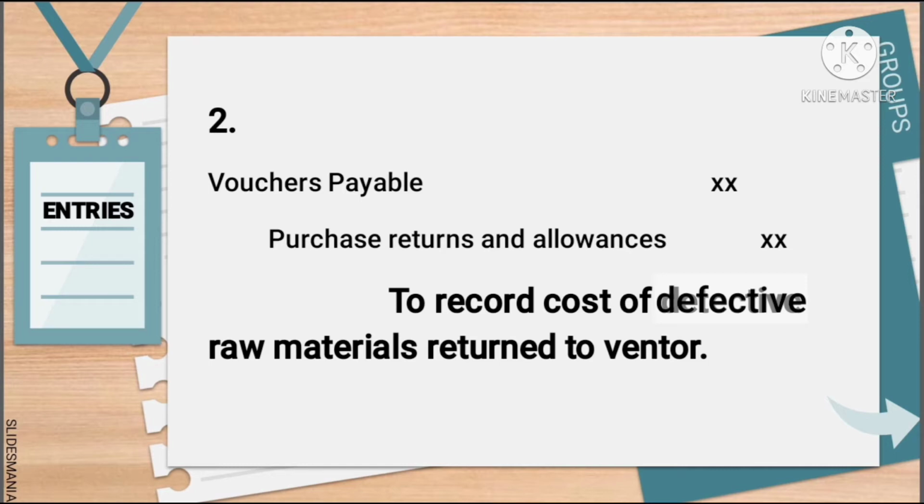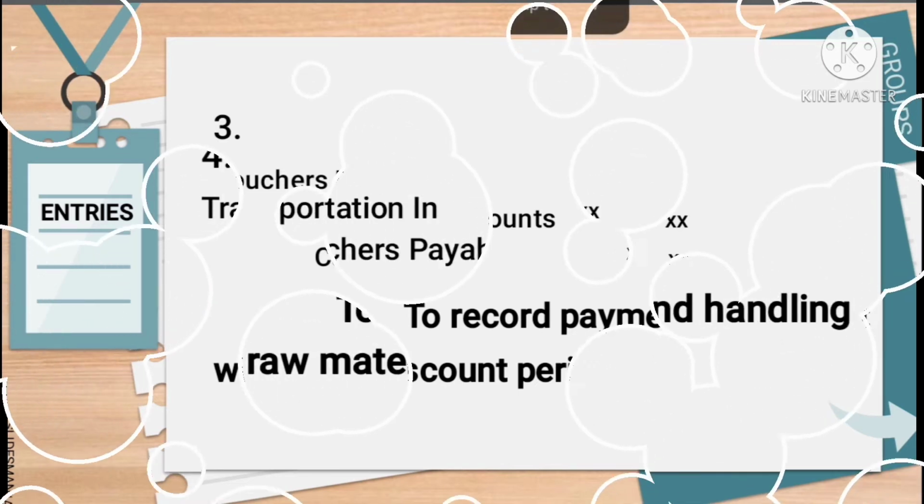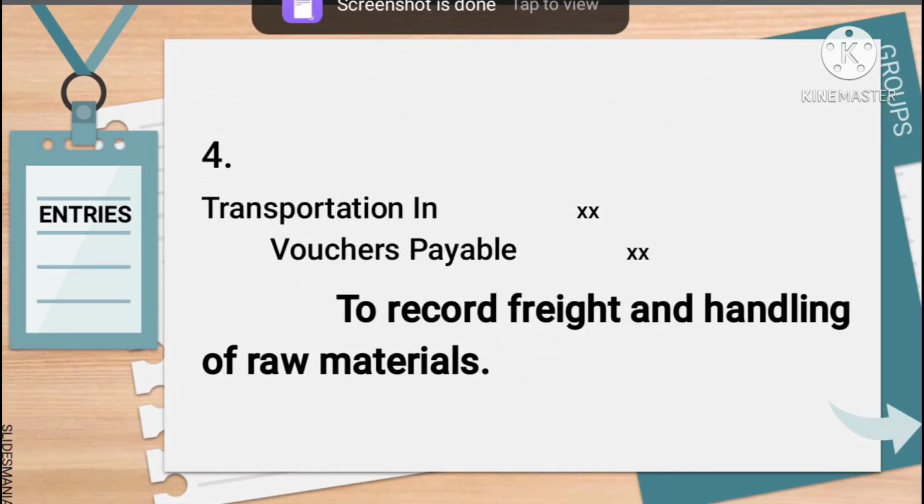Debit vouchers payable. Credit purchases returns and allowances. Third is to record payment of account within the discount period. Debit vouchers payable, credit purchases discount, and cash in bank. Fourth is to record freight and handling of raw materials. Debit transportation in, credit vouchers payable.